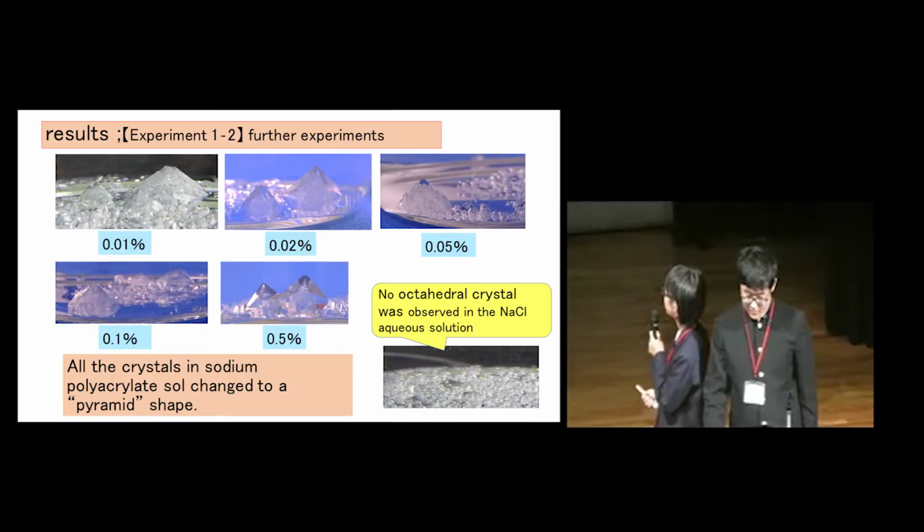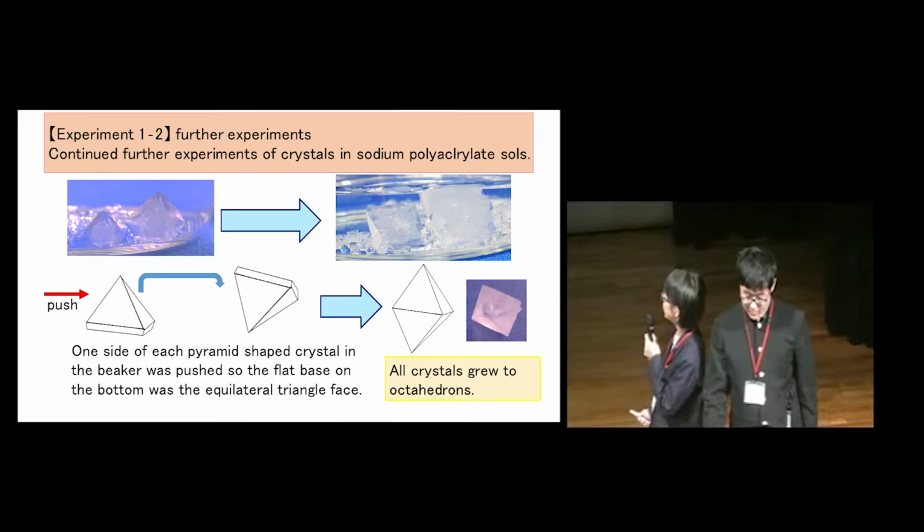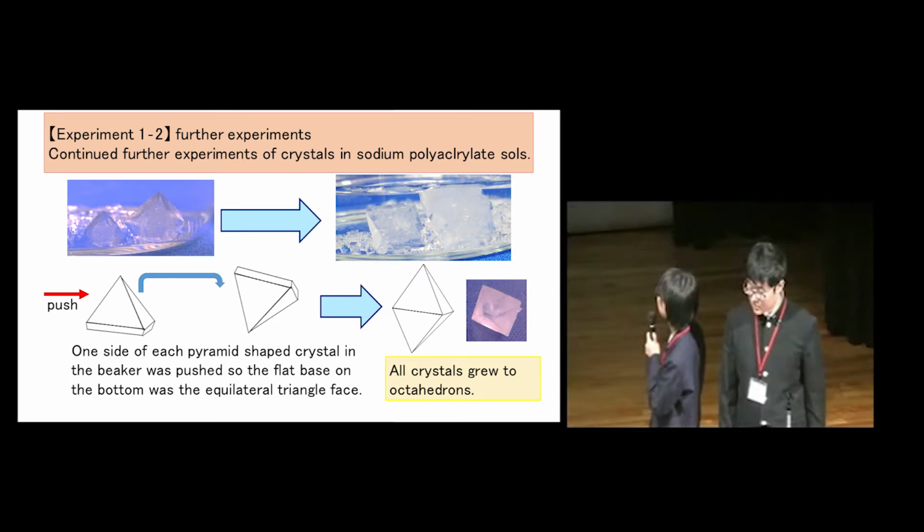These are the results. All the crystals in sodium polyacrylate changed to a pyramid shape, and no octahedral crystals were observed in the NaCl aqueous solutions. We continued these experiments by turning over the crystals. Then all the crystals grew to octahedrons.